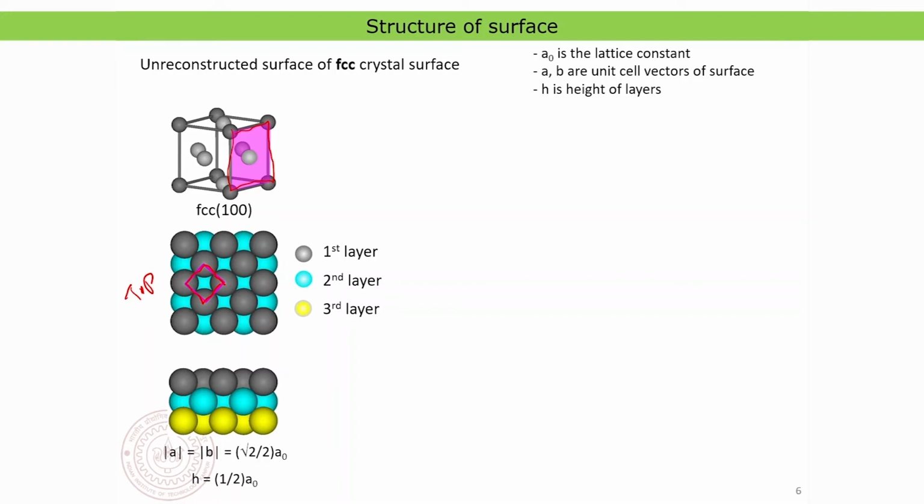That means the symmetry of the surface, you can call it a square type symmetry, and the distance between the adjacent atoms will be noted as A and B. These are the unit lattice parameters of the surface, and if you use A0 as the bulk lattice parameter, then you can calculate using the bulk lattice parameters the values of A and B. The A, B values are equal because it's a square, and that is equal to √2 by 2 A0.